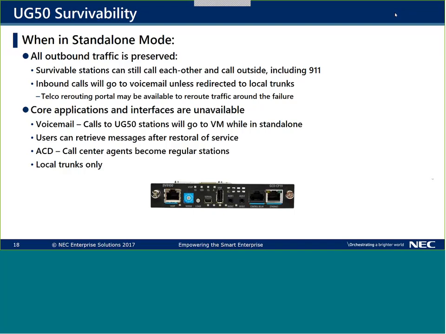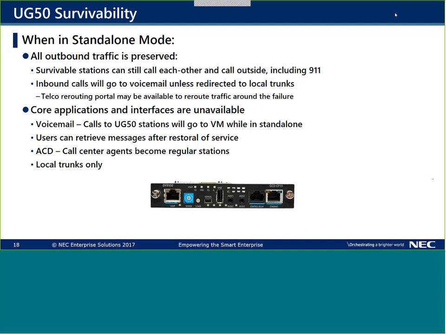But then the users won't know about it until they plug in the network again and the system comes back up. At that point, the message waiting lamp will light on the phone and they can go in and retrieve their messages. If they also had unified messaging, they would also still receive their messages in their Outlook inbox, for example, during the system outage. So that's how voicemail would work.